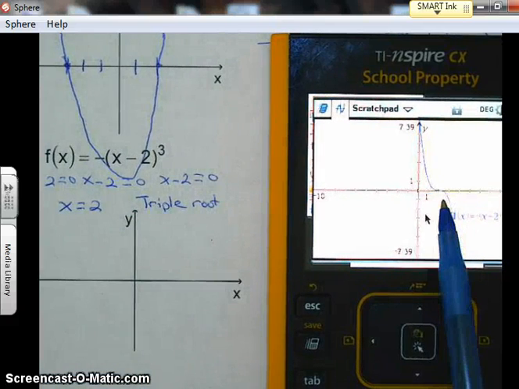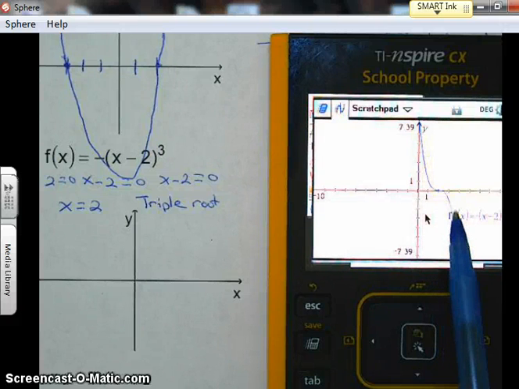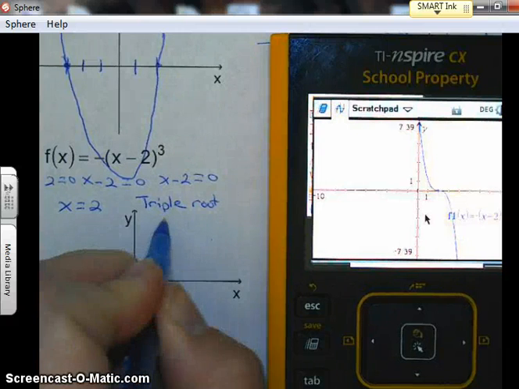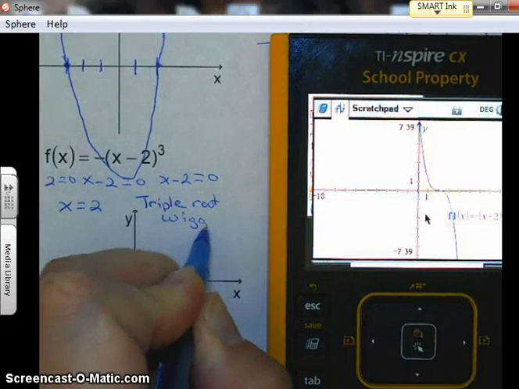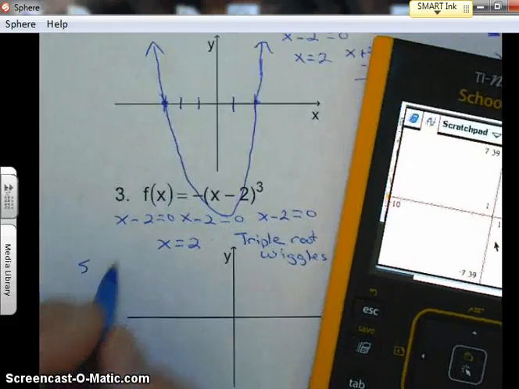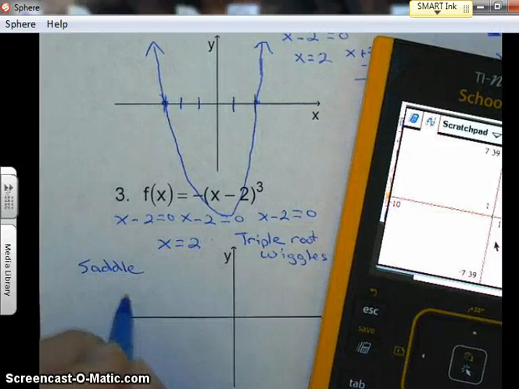That means it doesn't cross, it doesn't bounce. Wiggles is a good word for it. When it's a triple root, it wiggles across the axis. It's also called a saddle point because it looks like you're sitting on a horse, on a saddle.